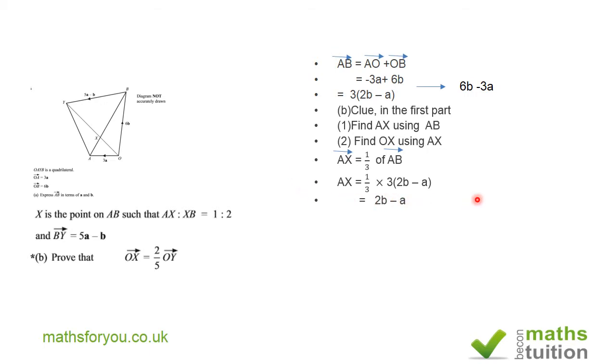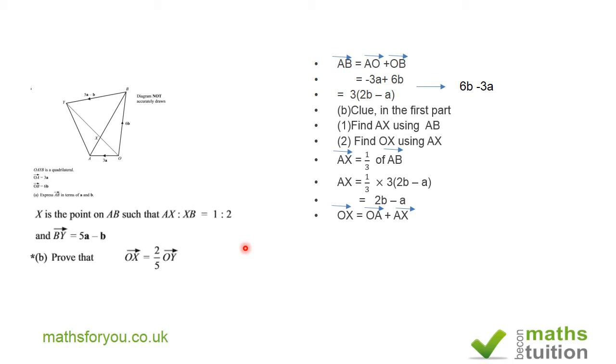Okay, now we want to find OX in terms of AX. Now OX is from there to there. In order to go from O to X, we can go from O to A, and then from A to X. So OX is vector OA plus vector AX.